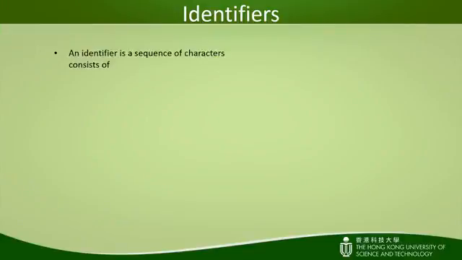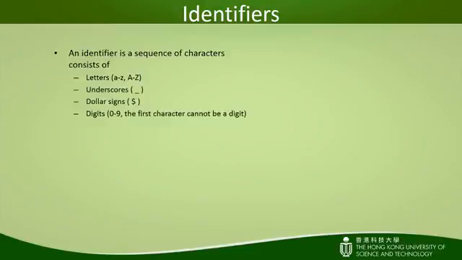The naming of identifiers must follow certain rules in Java. In Java, a valid identifier is a sequence of characters, consists of letters from A to Z, both lowercase and uppercase. The symbol, underscore, and the dollar sign can also be used.